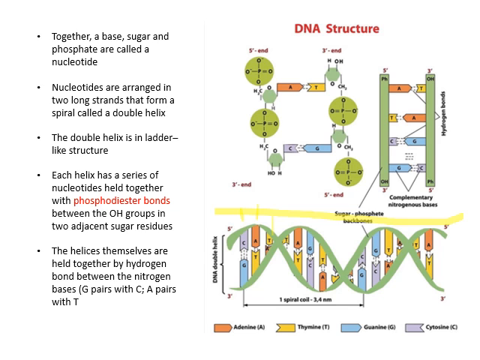The helices themselves are held together by hydrogen bonds between the nitrogenous bases, where G will pair with C, and adenine will pair with thymine.